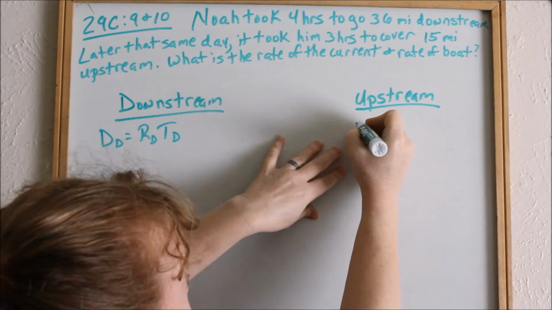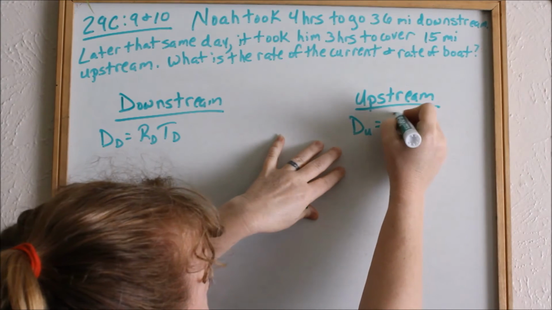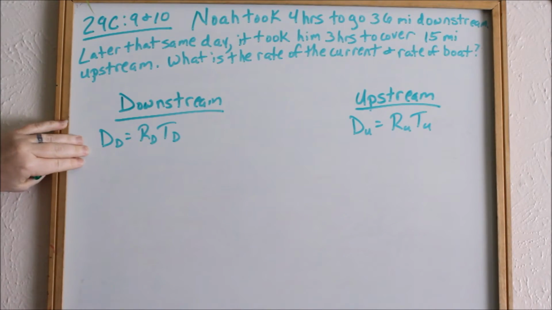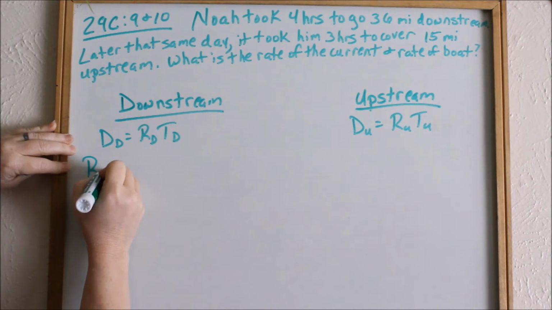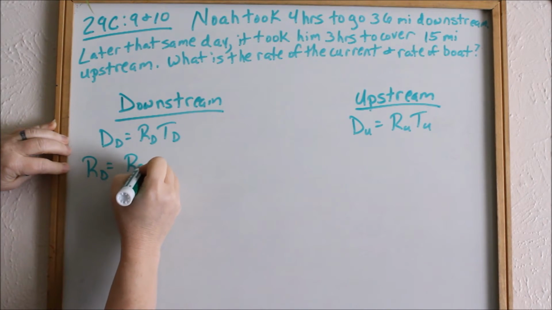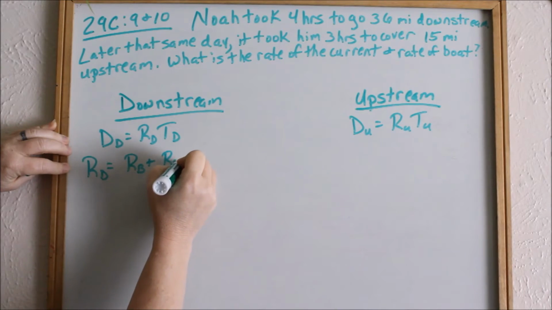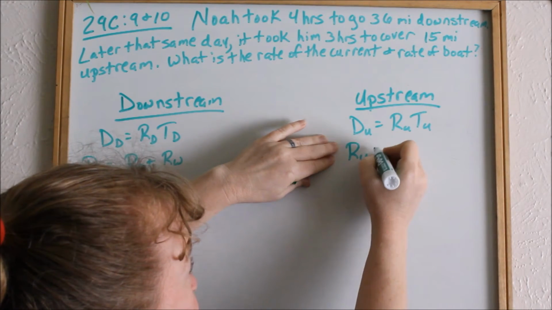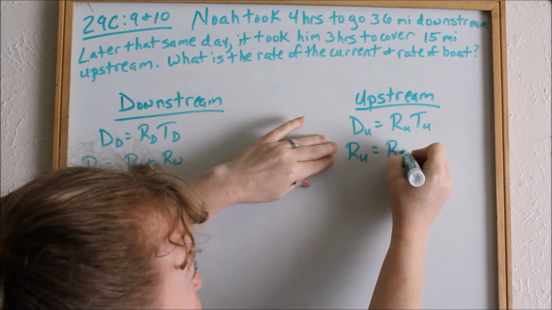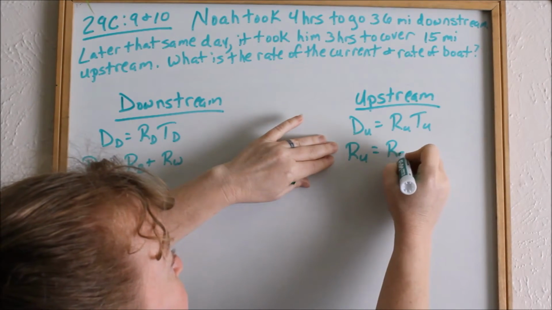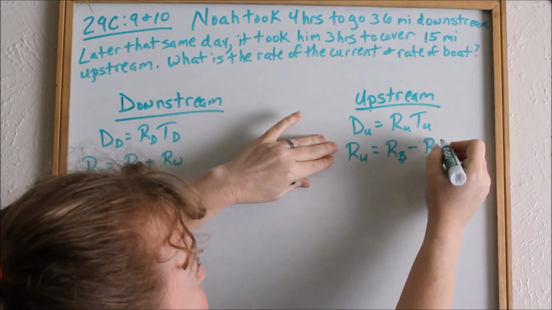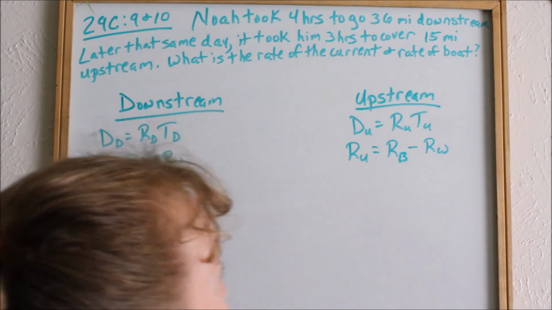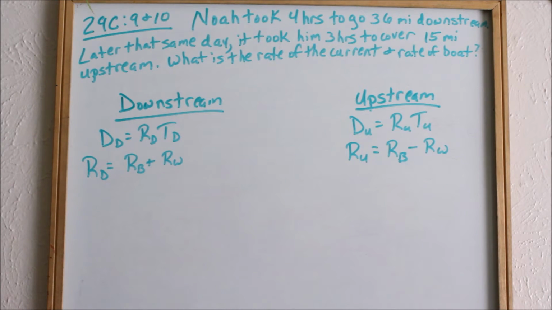For my upstream, I have distance equals rate times time. When you're going downstream, the rate downstream is equal to the rate of the boat plus the rate of the water. When you're going upstream, the rate upstream is equal to the rate of the boat minus the rate of the water, because you're going against the current. Okay?